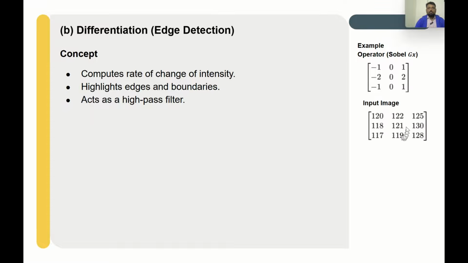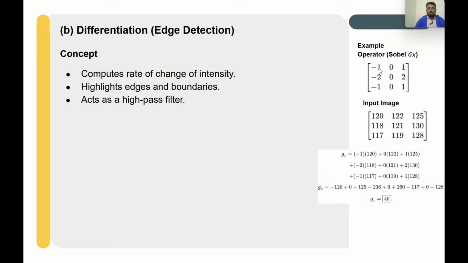The process is very simple. Whatever matrices we get, we multiply the elements with the kernel and do the addition, and the central pixel value will be changed from the older value to a new value. So 121 will become a new value.